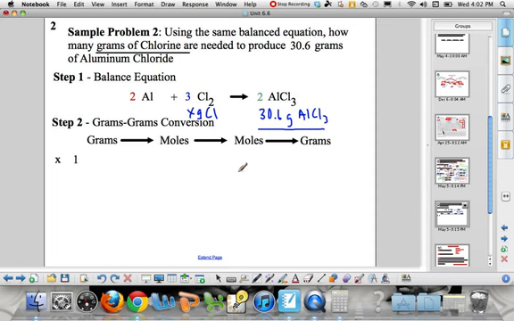So I'm looking at how many grams of chlorine do I need to make 30.6 grams of aluminum chloride. Let's take what we're given, let's put over 1. Well, I was given 30.6 grams of aluminum chloride. Let's take that value, let's put it over 1. Just like we do every time, take the number and the unit that you're given, put it over 1, multiply by a conversion factor, and let's figure out where we're going.